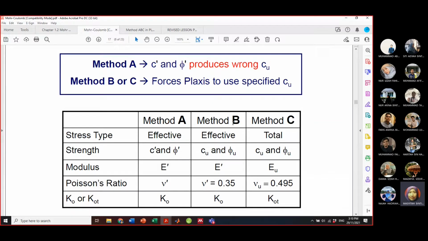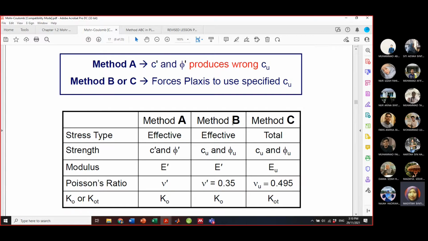The difference is that for method A, stress type masih lagi efektif. Method B pun efektif. So bila kata efektif ni, you dah boleh bayangkan lah kan effective stress yang mana the excess pore water pressure tu kita dah drain out. Effective pore pressure tu kita dah minus out daripada total stress. Dengan pore water pressure kita dapat effective stress.